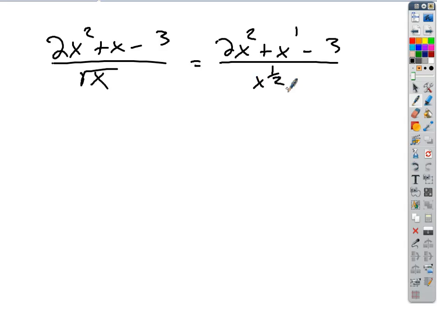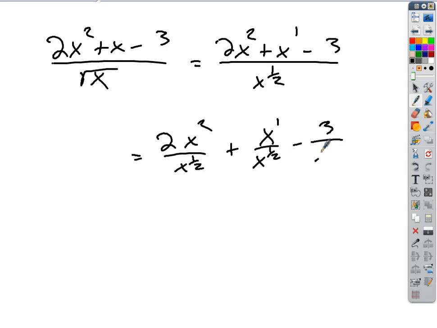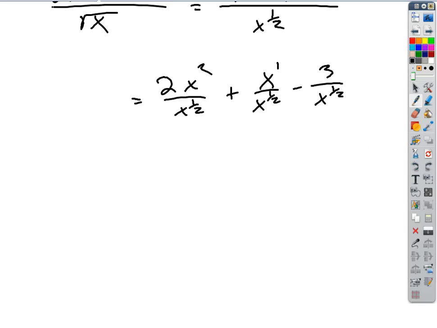And then I can split that into 3 separate fractions. Agreed? And so that's just going to look like 2x squared over x to the 1/2 plus x to the 1 over x to the 1/2 minus 3 over x to the 1/2.